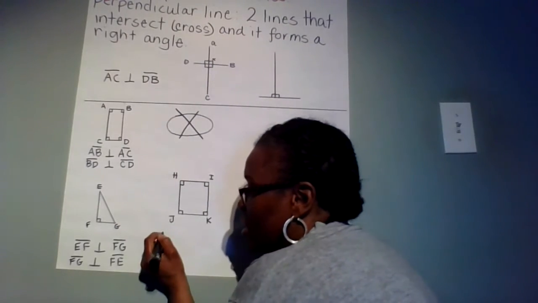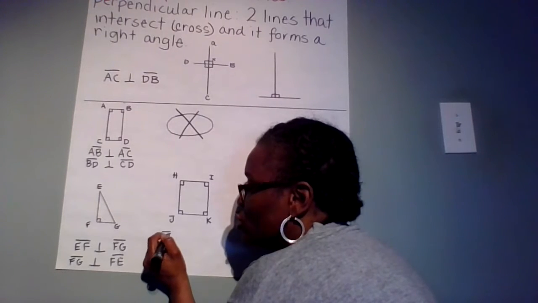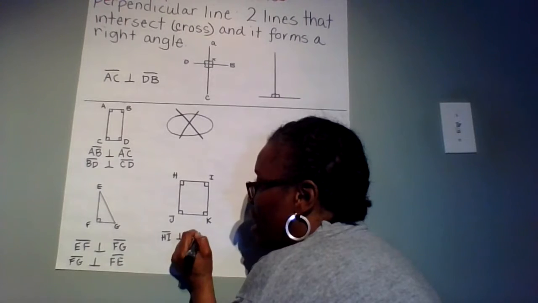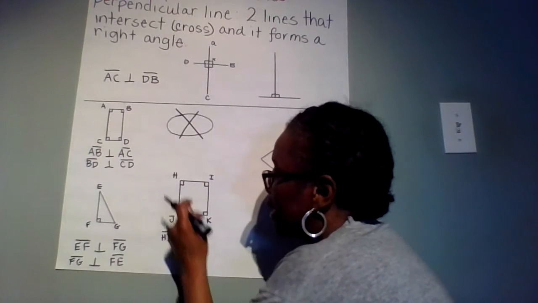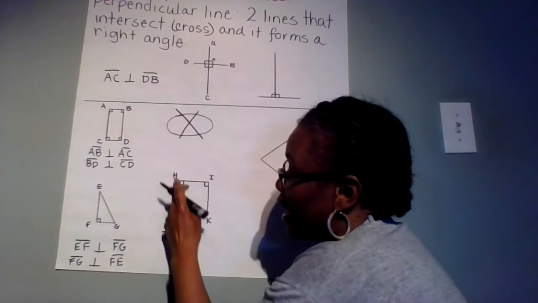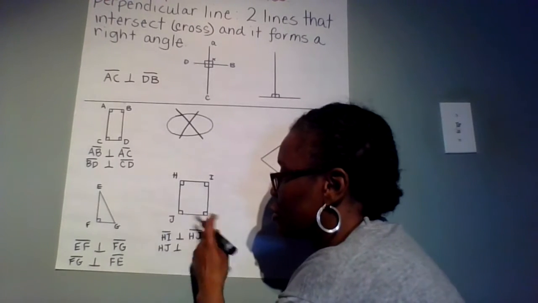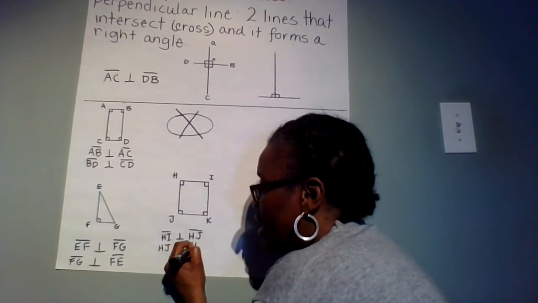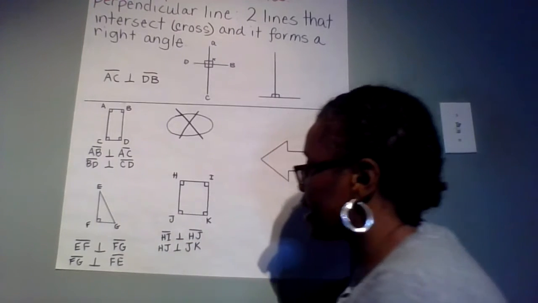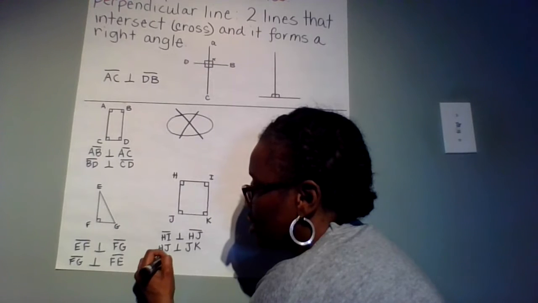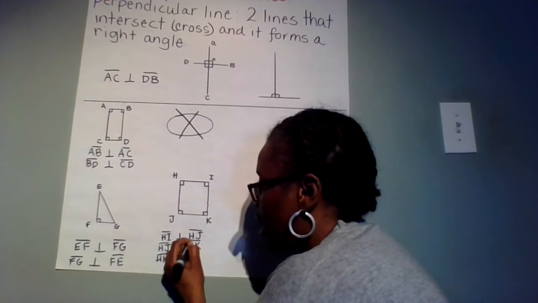I can say line HI is perpendicular to line HJ. I can say that line HJ is perpendicular to line JK. I can now say that line HK, don't forget your lines on top.